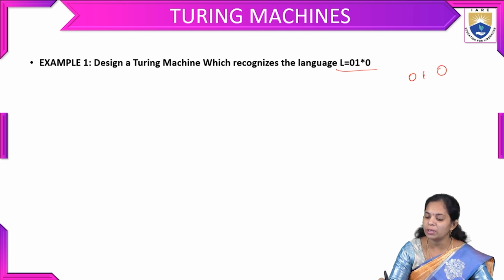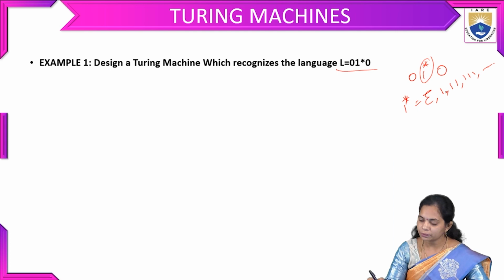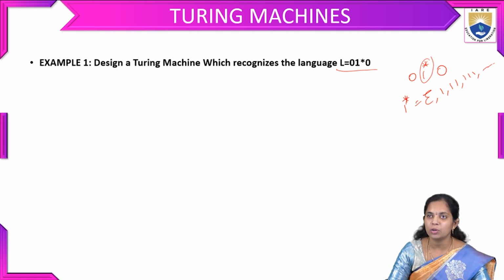In between, how many ones are there? 1 star, the Kleene closure of 1, is epsilon, 1, 11, 111, and so on. So n number of ones can be there in the middle of the two zeros. Like that we have to construct a Turing machine.